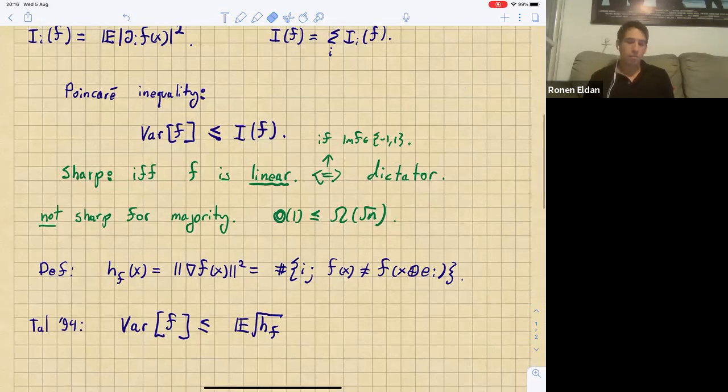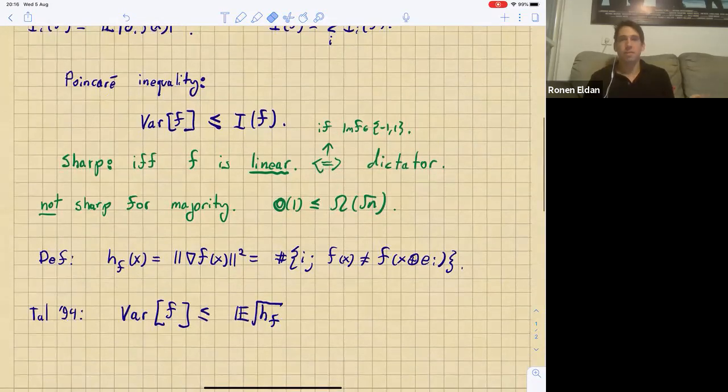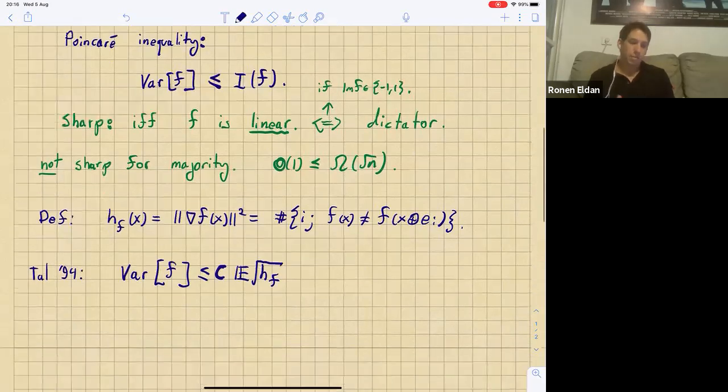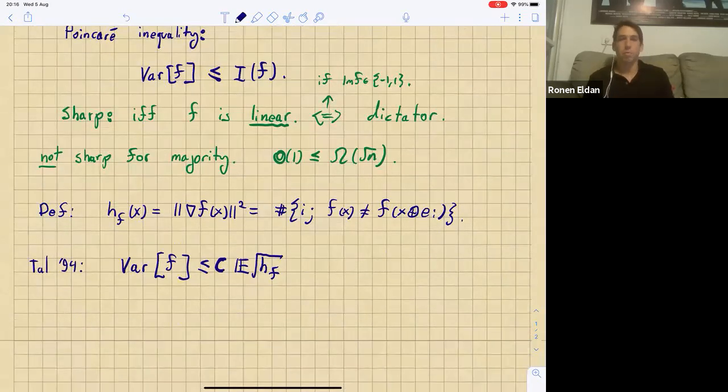If you think about it for a minute, for majority this is exactly sharp up to a constant. I'm not sure what the constant is. Because we have probability 1 over root n that the quantity inside the expectation will be root n, so both sides are like O of 1. This is the first strengthening of the Poincaré inequality.